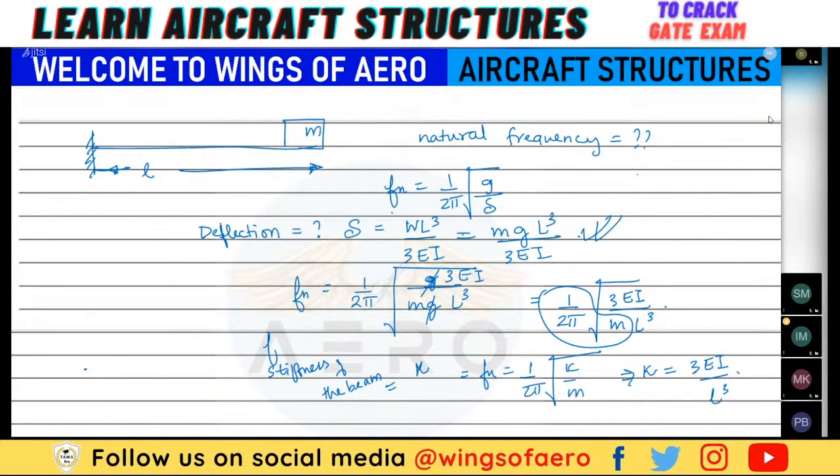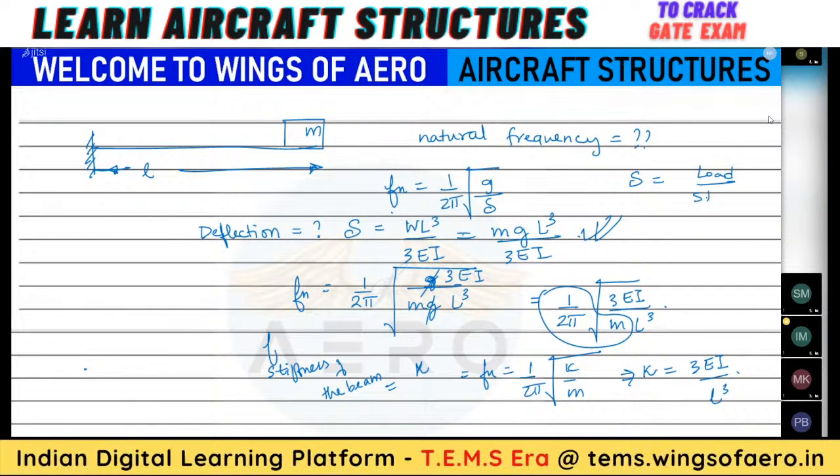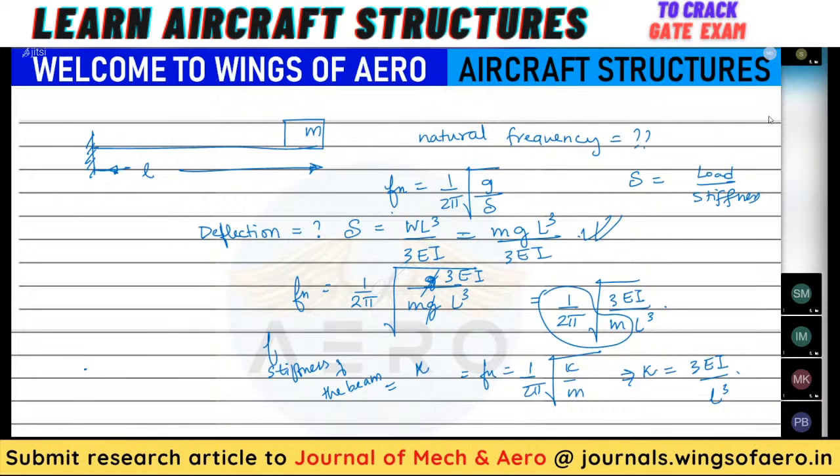Or you can directly find it using this formula. What is that? Deflection equals load by stiffness. Right? Using this formula also you can find it directly. So I hope you're getting the point that they can ask you in various ways.